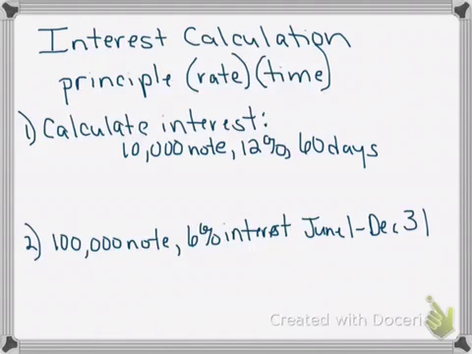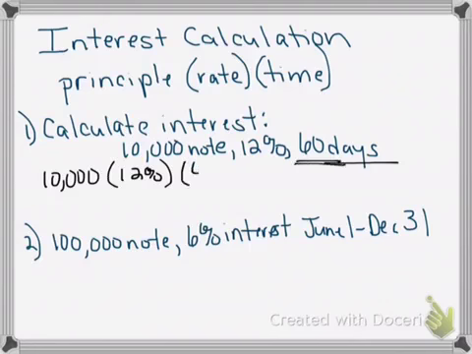So in calculating interest for a note that is in days, we'll take the principal amount, which is the $10,000. We'll take the annual interest rate. Now remember, if we just did this calculation, this would give us the amount for the entire year. We don't want it for the entire year. We only want it for 60 days.